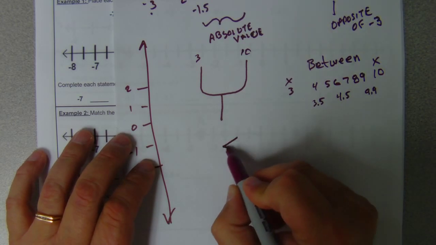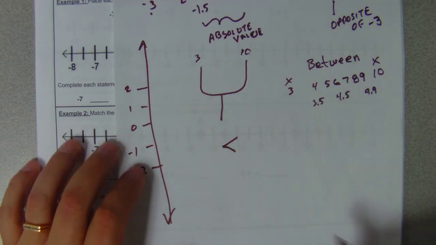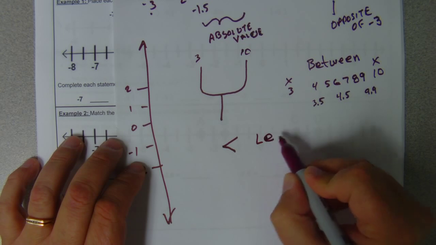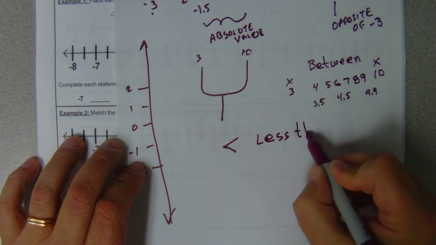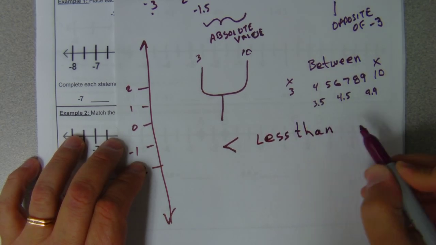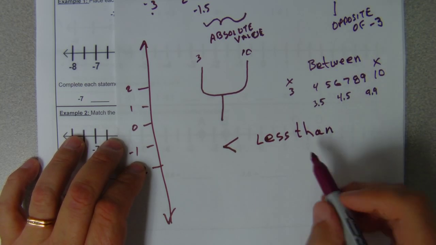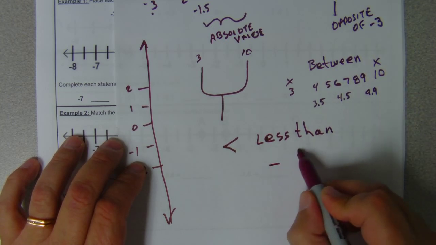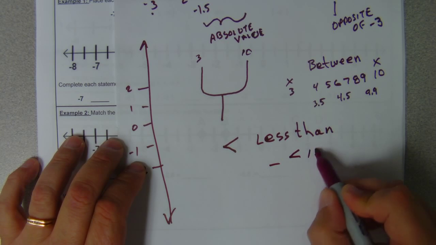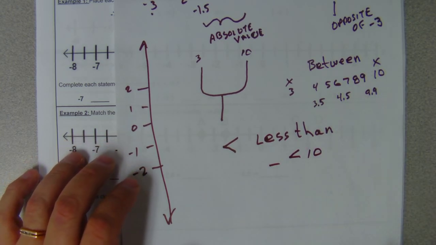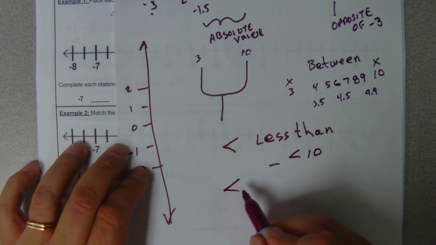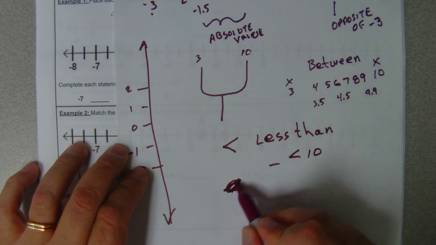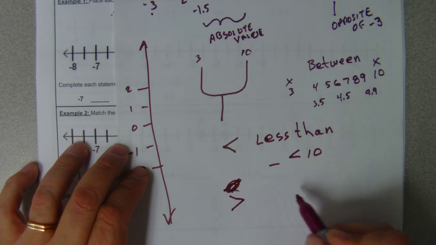This is less than. So in this example up here, the value would be less than 10. This is greater than.